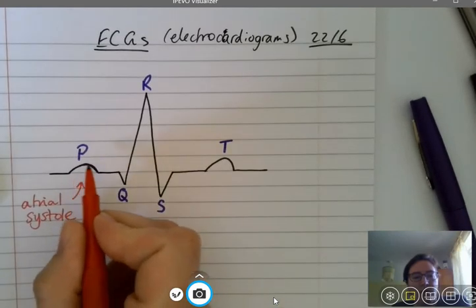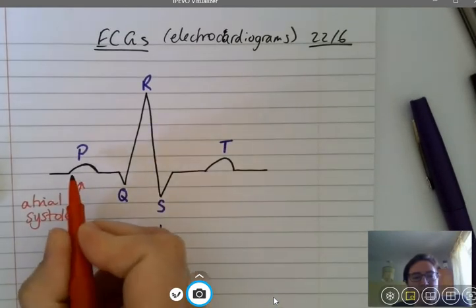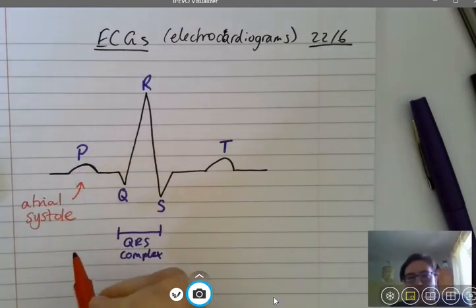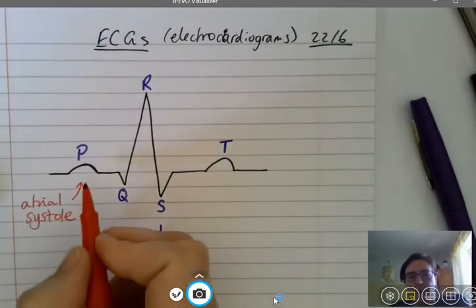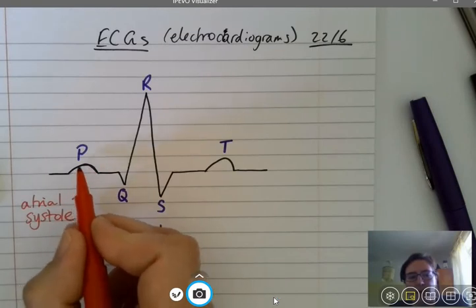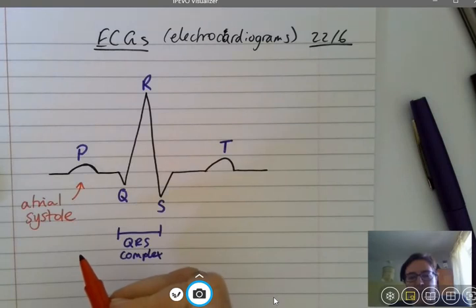So this bit of electrical activity, where is that going to be coming from within the heart? Again, pause it, have a think, what part is actually generating this wave of electrical excitation?